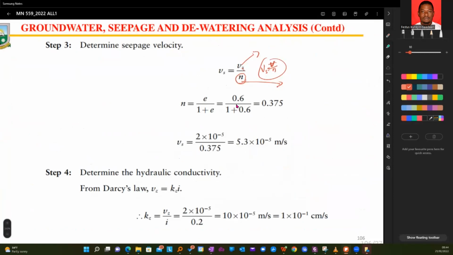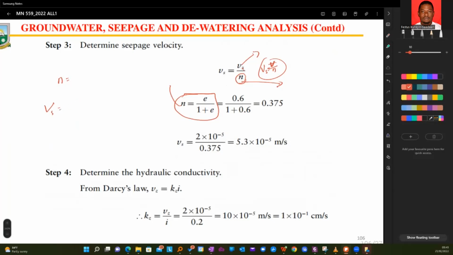And we know that to get the porosity, porosity, which is N, is equal to your void ratio over 1 plus e. So you would see that I did some proving in the theory we did there, which was like this.